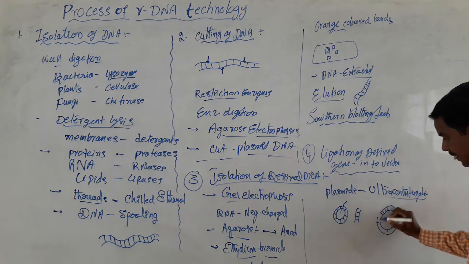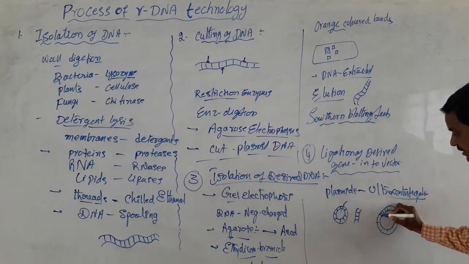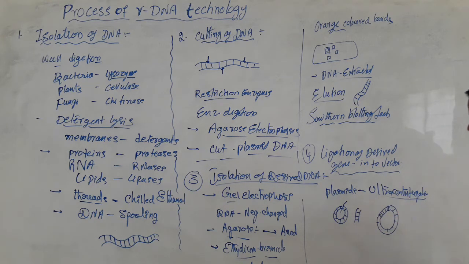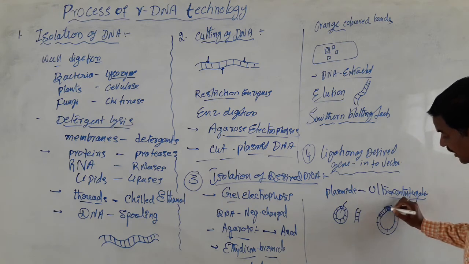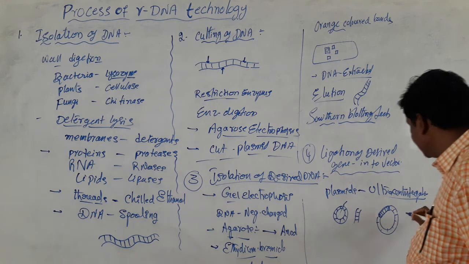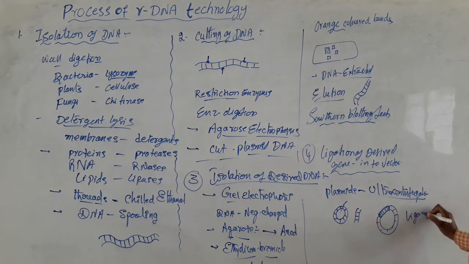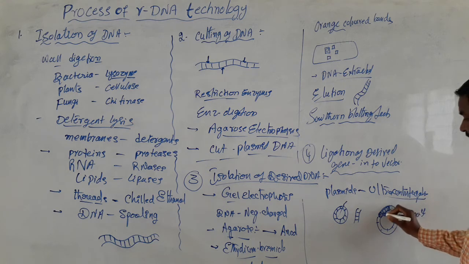The tips of the desired fragment of DNA are mixed with the tips of the open plasmid, and DNA ligase is added, resulting in the formation of another circular DNA.